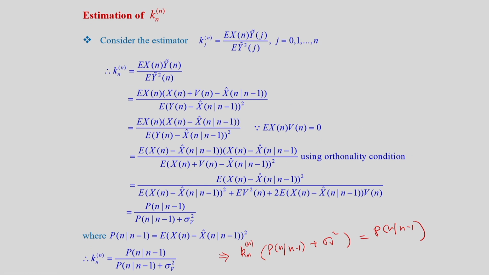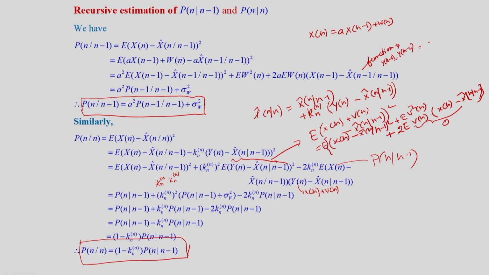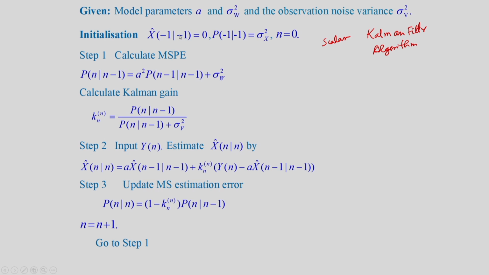And also we have examined that relationship for k_n, that is the Kalman gain. So, all these relations will be used now in the algorithmic form. We will now describe the scalar Kalman filter algorithm.